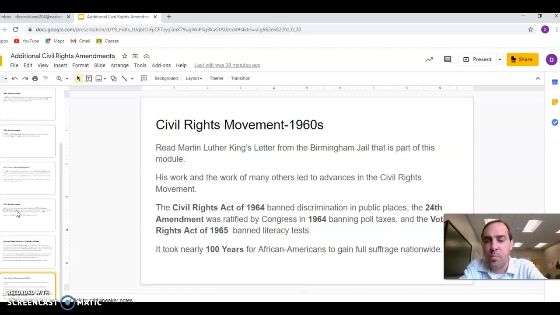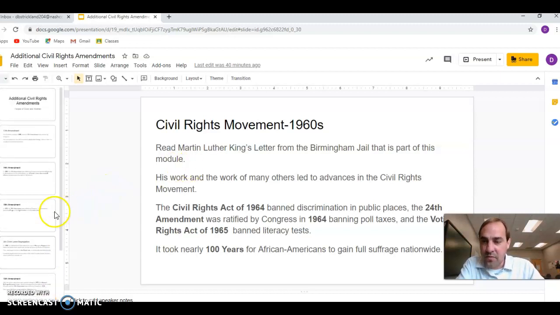They're required to display that, and that is because of the Civil Rights Act. Public discrimination is now illegal as of 1964. That same year, the 24th Amendment was passed by Congress, and that banned poll taxes. So now you no longer had to pay to vote. In 1965, literacy tests were banned.